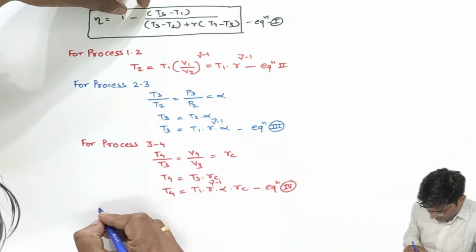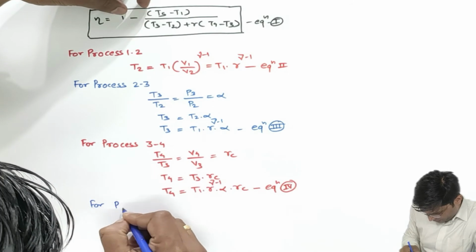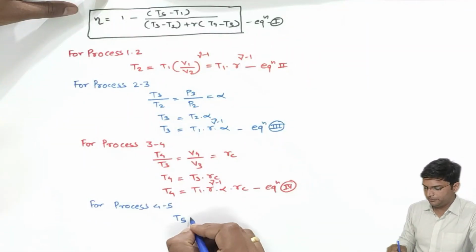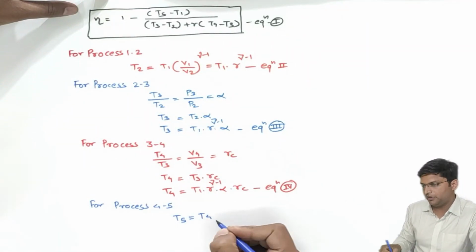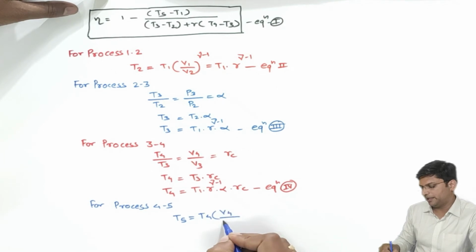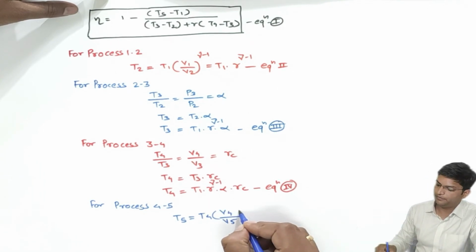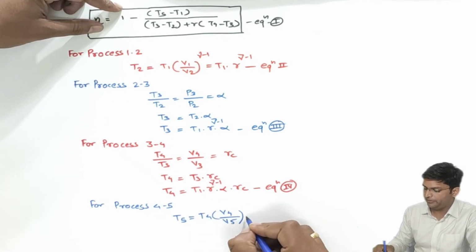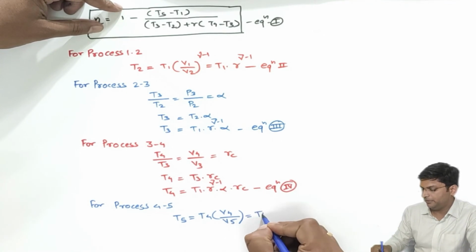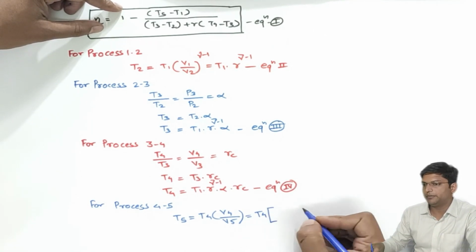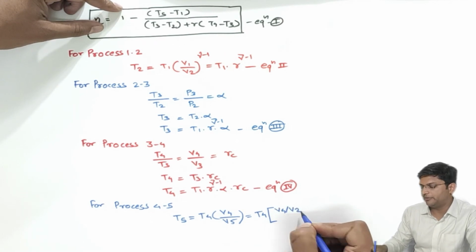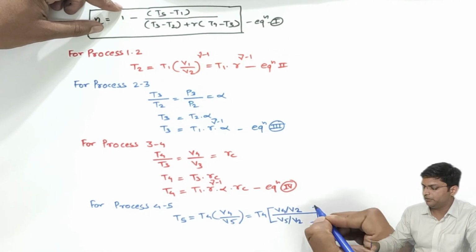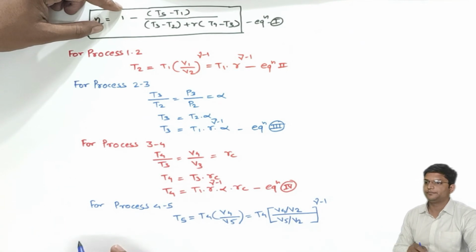Now the last process. For process 4 to 5, T5 is equal to T4 times (V4 divided by V5) raised to gamma minus 1. Now we will put the value of V4 upon V5 as V4 divided by V2 over V5 upon V2, raised to gamma minus 1.